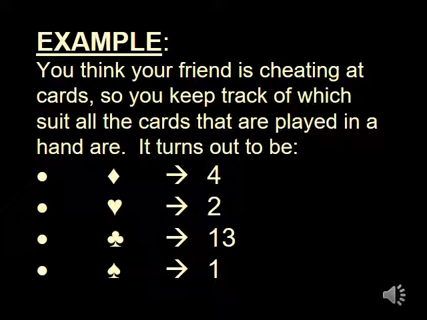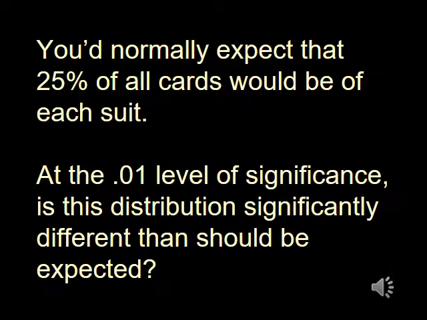And if I was playing any card game and my friend had 13 clubs, that would probably give me a bet that he might be cheating. Normally you would expect that about 25% of the cards should be each suit. And in this case, we were obviously really heavy on one suit and light on the others. And our question is, at the 0.01 level of significance, is this significantly different than should be expected?